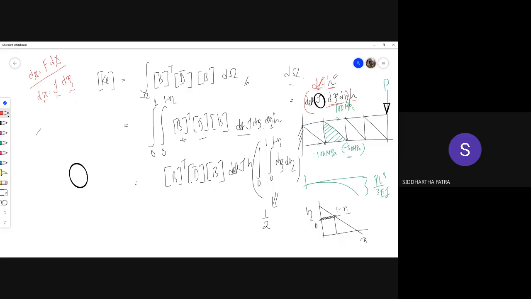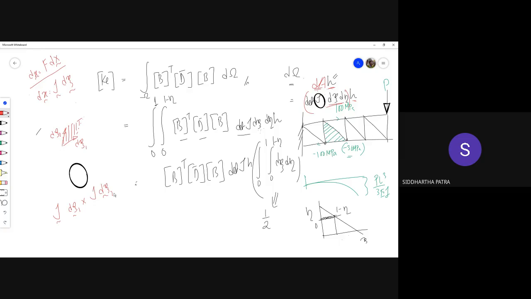So if you take two differential d xi elements and do a cross product, then you have a differential area. So it is going to be J times d xi 1 cross J times d xi 2.